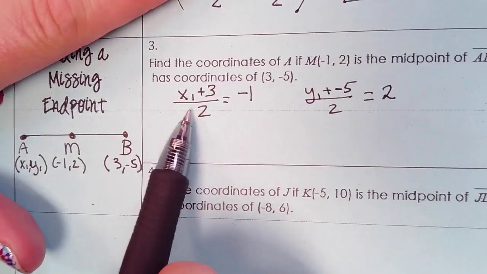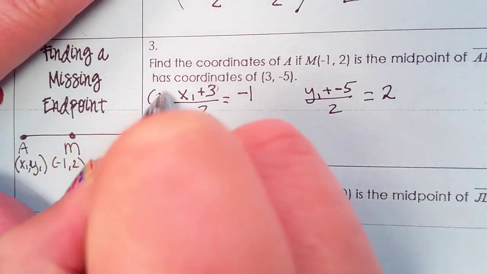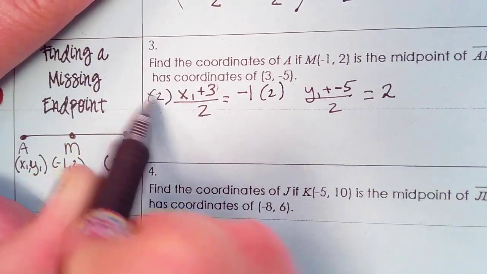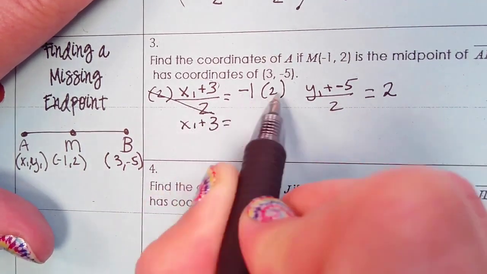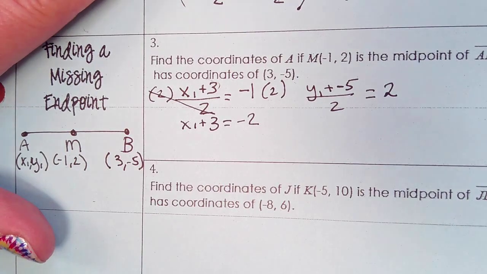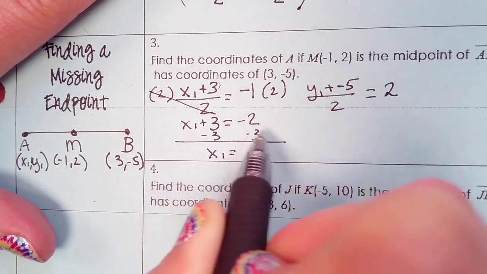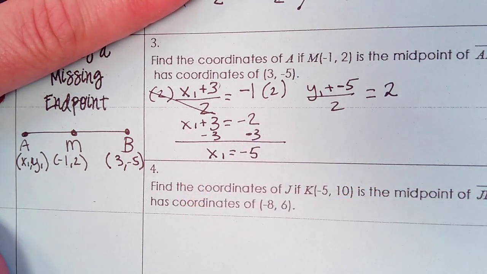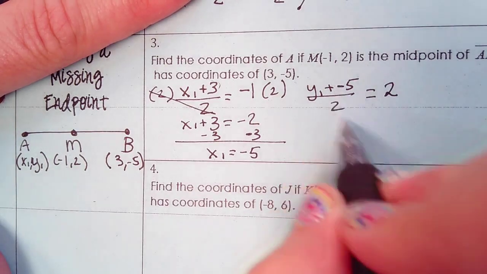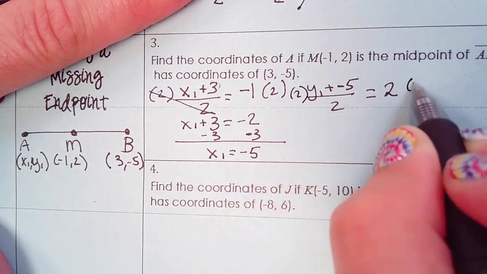And now solving through. So here on this one, if I want to get to the numerator, I have to multiply both sides by the denominator. On the left side, they cancel. So I have x1 plus 3 equals -1 times 2 is -2. Subtract 3 on both sides. So x1 equals -2 minus 3 is -5. And for the y part of that ordered pair, again, multiply by 2 on both sides.